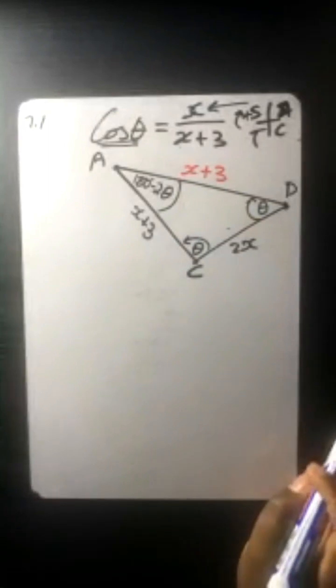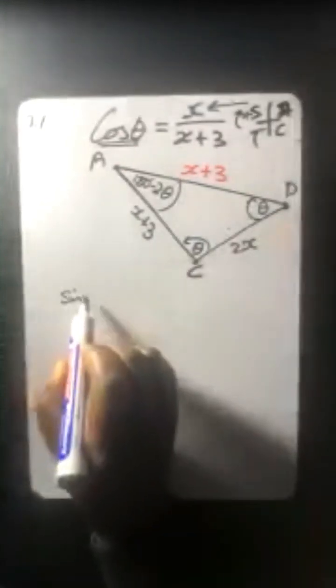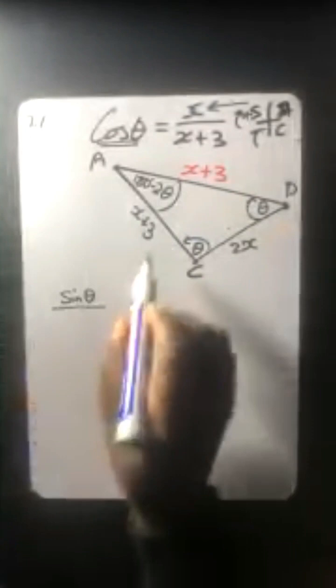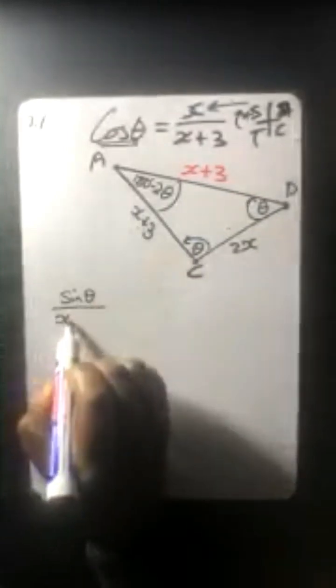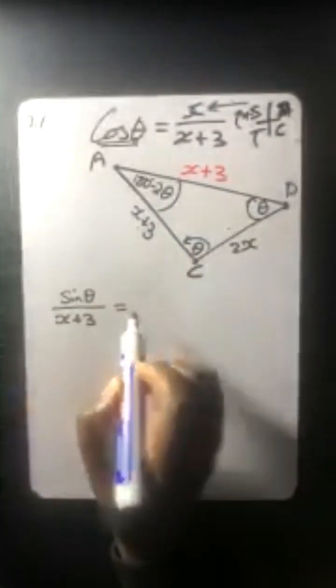What I was saying there is, let's see, you are having, let's say, sine of that angle over, obviously there you are having that.